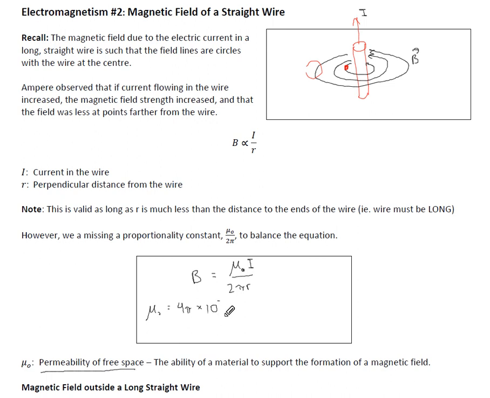Negative 7 Tesla meter per amp. Oftentimes it might be written like this: mu naught over 2 pi. If you divide that by 2 pi, you get 2 times 10 to the negative 7 Tesla meters per amp. So those are our two values.